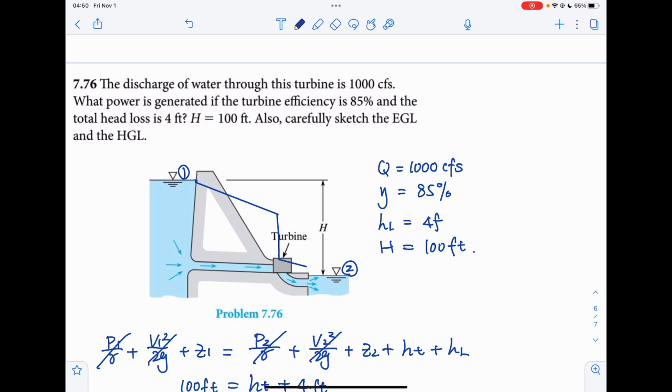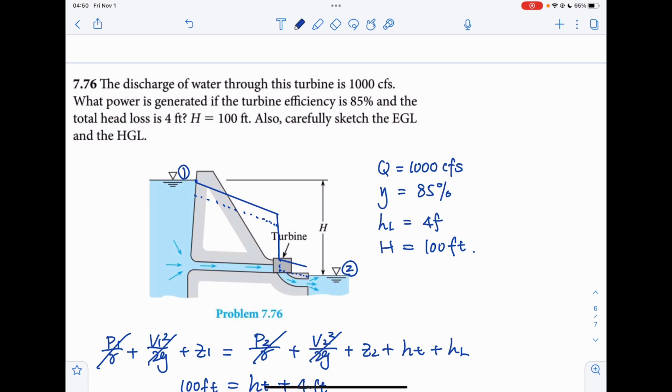And the hydraulic grade line will be the energy grade line minus the velocity head, and it also drops, and the hydraulic grade line will reach the height of the water surface.